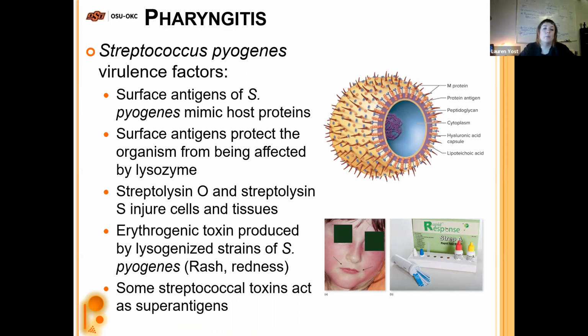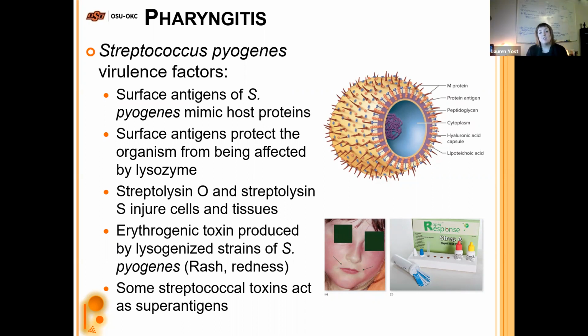So next, with Streptococcus pyogenes, strep has surface antigens that mimic host proteins. What does that mean? That means it looks like our proteins on our cells. And so whenever we try to develop antibodies against the strep, we also can potentially form antibodies against ourselves, not unlike an autoimmune disease.